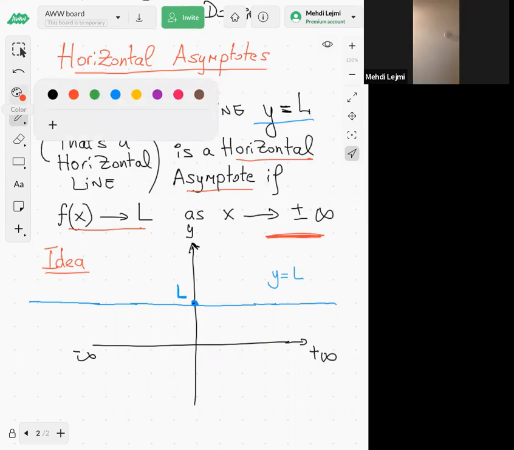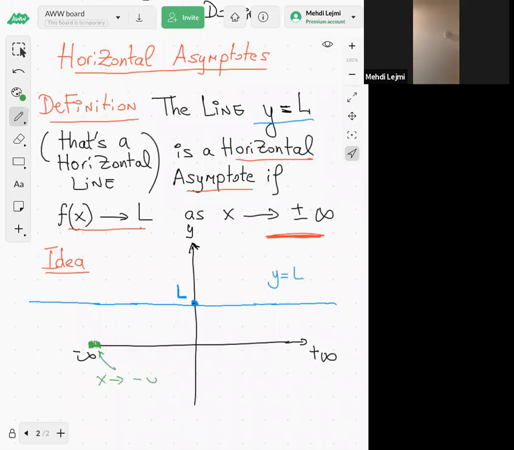So my x is approaching positive infinity, or it's supposed to approach negative infinity. When x is at negative or positive infinity, the output, the image f of x, is supposed to approach L. So here's my output, approaching L, right? It could also be on the other side.